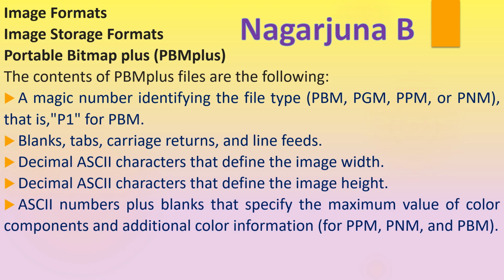So these kinds of image formats will have color. The color information, what should be the maximum value and what additional color information it has to have, will be specified using ASCII numbers along with the blanks.